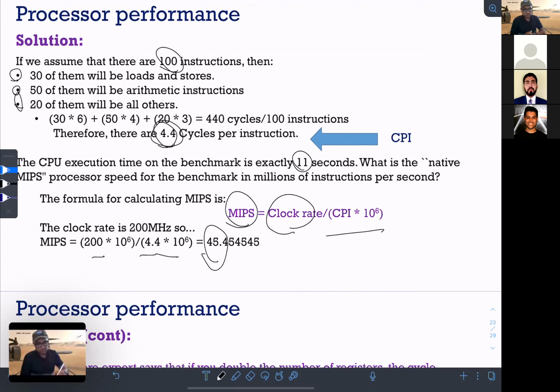So the value came to 45.45. And we know that MIPS doesn't have a unit. It's just a number, right? Do you agree? Yeah, that makes sense. I see.